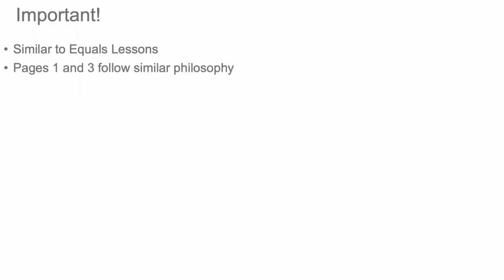When teaching Equals Transition lessons, note that the lesson activities are structured similar to Equals Math. As you begin to read through a lesson, it should feel familiar, especially if you have been teaching Equals Math all year. Activities on pages 1 and 3 are basically the same type of activities within Equals.